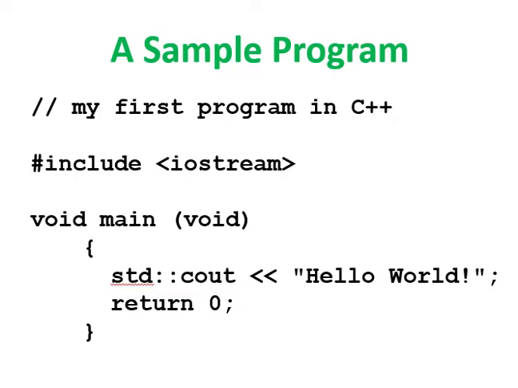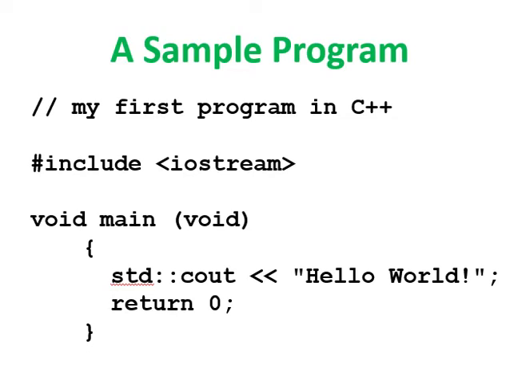Next, we will see the main function. Void main is the next function, which means that any valid C++ program must have a main function.